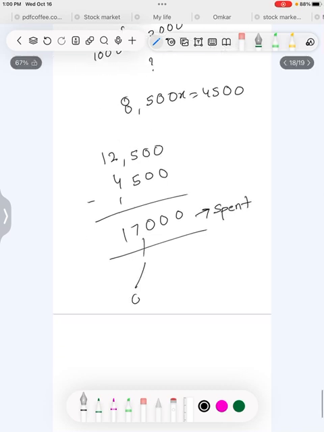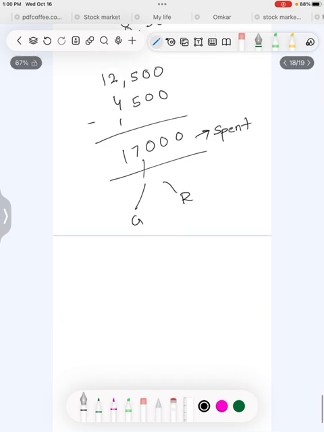Okay, so if you take groceries as 15,000, sorry, the difference is 2,000.